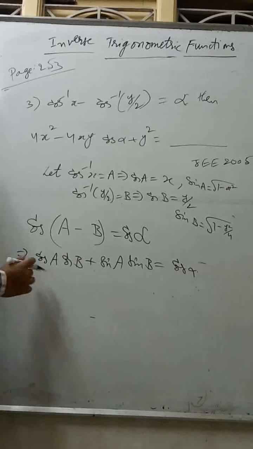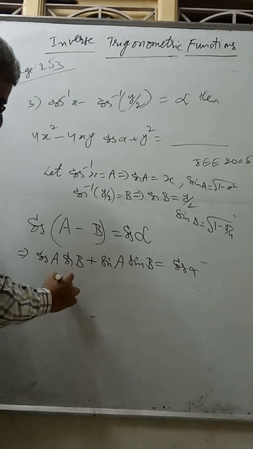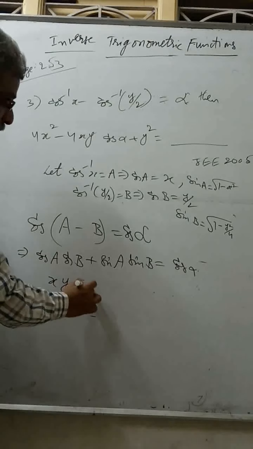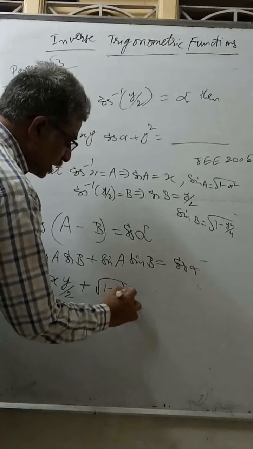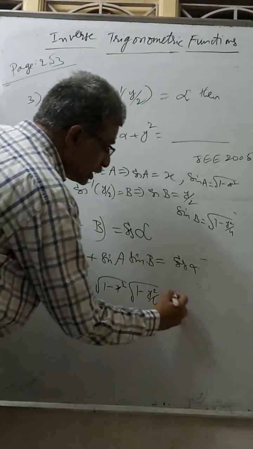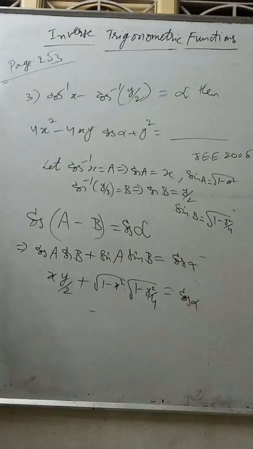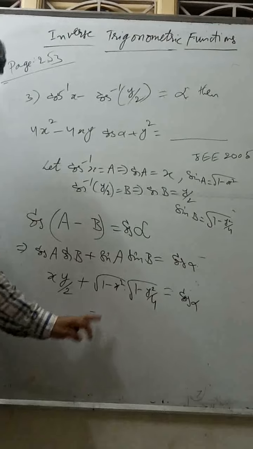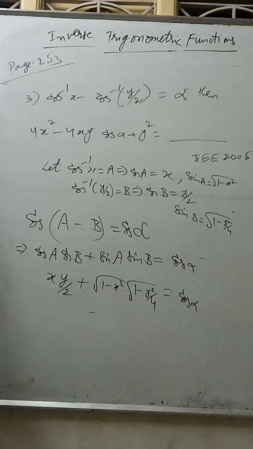Now cos A I know is x, and cos B is y by 2, plus sin A, root of 1 minus x square, into sin B, root of 1 minus y square by 4, is equal to cos alpha as it is. Now there is a root in these two, so I will bring this to that side, then square on both sides so that the root will go off.